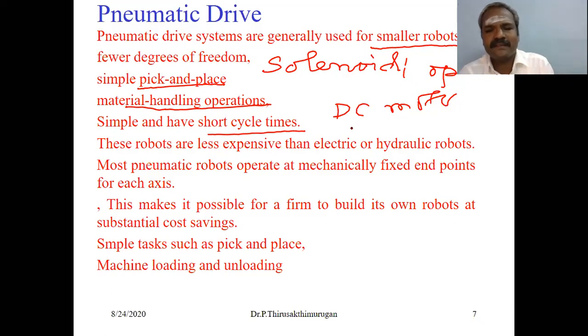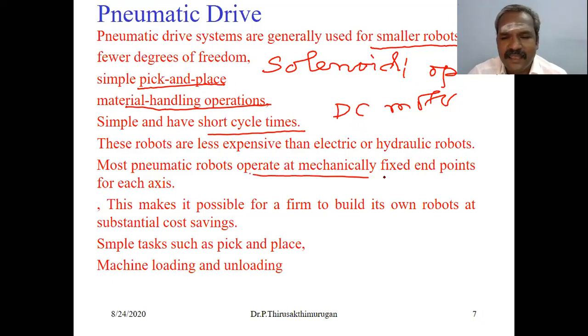They are very much less expensive than electric and hydraulic robots. Pneumatic operated robots are cost-wise very cheap. Most pneumatic robots operate with mechanically fixed endpoints for each axis. So it makes it possible for a firm to build their own robots at substantial cost savings.